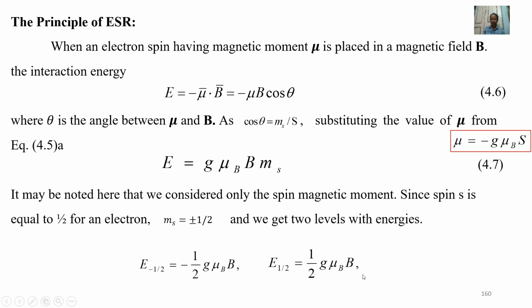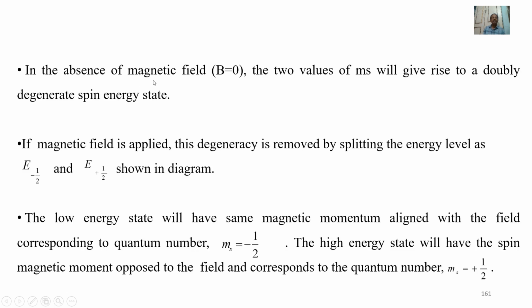In the absence of magnetic field, that is B equals 0, the two values of ms will give rise to a doubly degenerate energy state. If a magnetic field is applied, this degeneracy is removed by splitting the energy levels as E minus 1 by 2 and E plus 1 by 2, as shown in the figure.